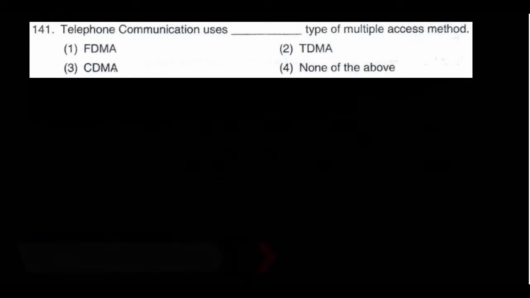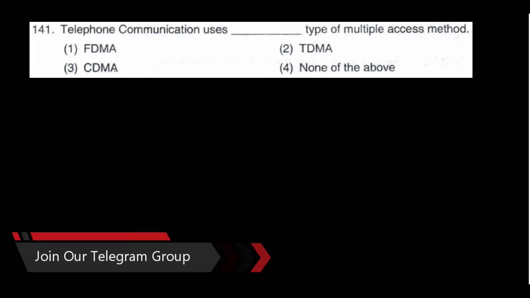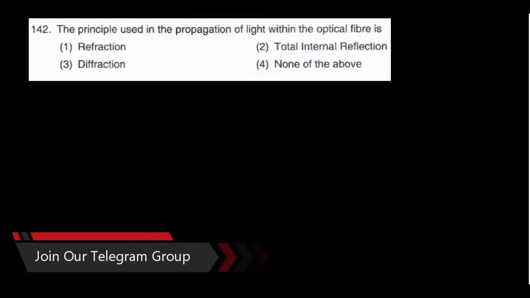Question number 141. Most of these questions are theoretical, direct questions. Communication uses dash type of multiple access method. It is frequency division multiple access, FDMA.